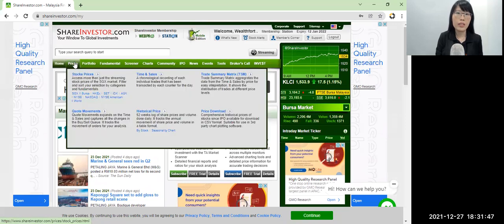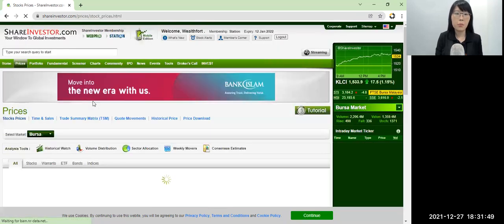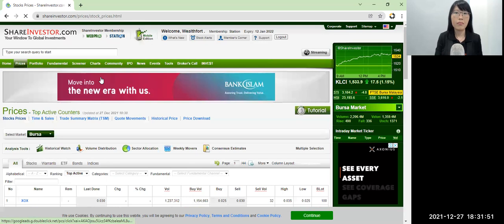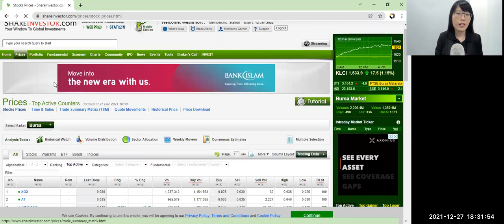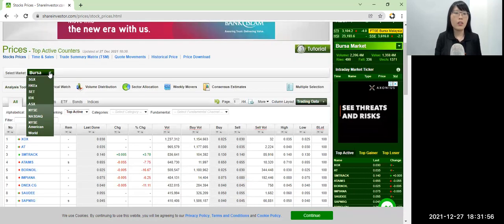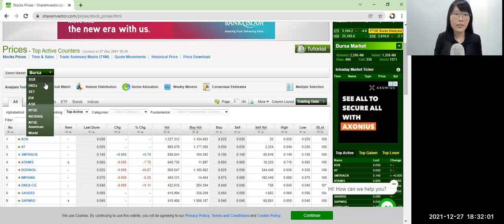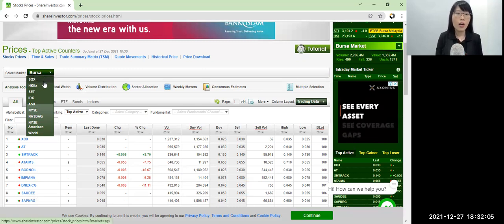Then you can go to the second page, which is price. So you can see that in ShareInvestor WebPro, you are allowed to access about 8 markets. They are Bursa, Singapore, Hong Kong, Thailand, Indonesia, Australia, Europe Stock Exchange, Nasdaq, NYSE, American Exchange, and World.